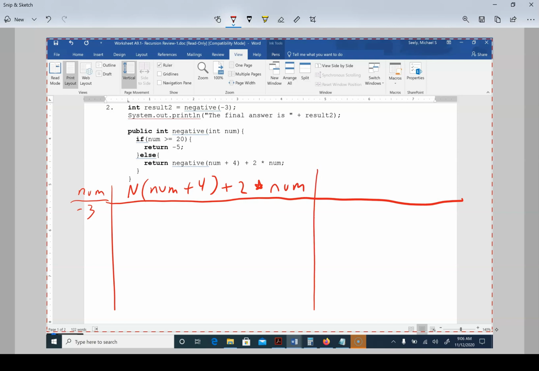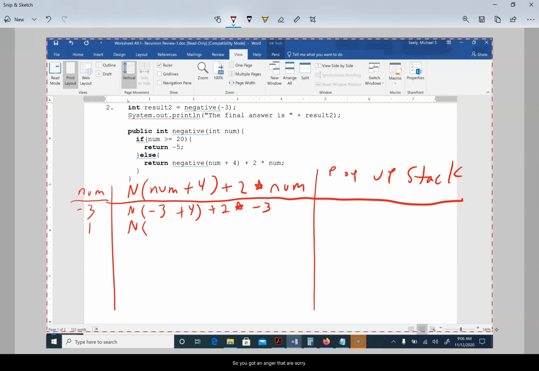Okay, and then we pop up a stack. Okay, so -3 is not greater than 20, so we got -3 plus 4 plus 2 times -3. Okay, -3 plus 4 is 1.